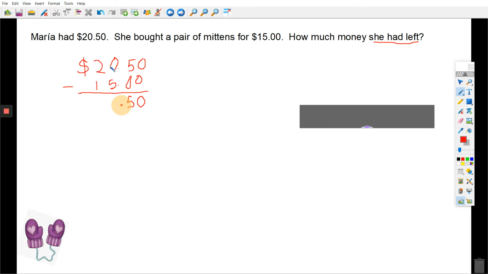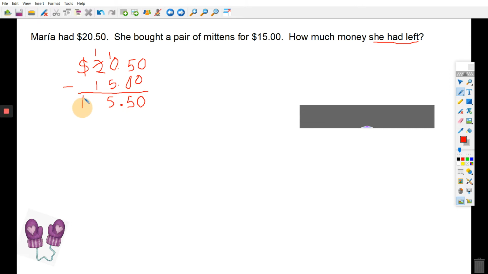Again, 0 is less than 5, so we need to borrow or regroup. You can write over the 0 and write a 10, or just put a 1 beside it to make it look like a 10. 10 minus 5 equals 5. And 1 minus 1 equals 0.